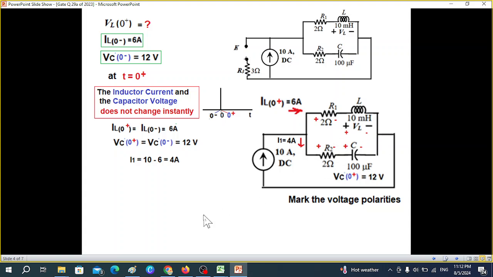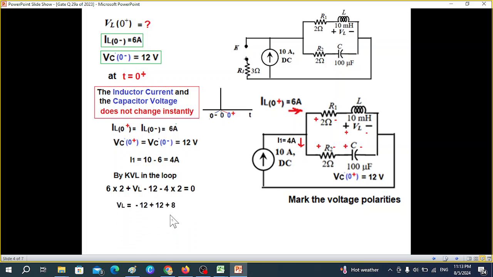Okay, now with this sign convention, let's write the KVL equation in the loop. We can start from anywhere. I'm starting from here. So this is I into R, that is 6 into 2, plus sign, then plus VL, then coming here, minus sign, so minus 12 for VC, and minus I1 into R2, that is 4 into 2.